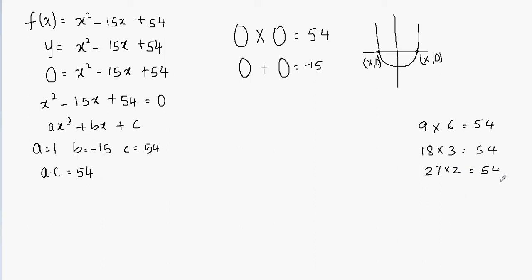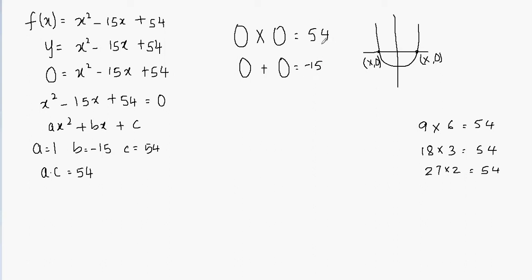And that's all. So we need to figure out which one is the right fit. First of all, let's take 9 and 6. My product is 54, and when I add them, I should get negative 15.